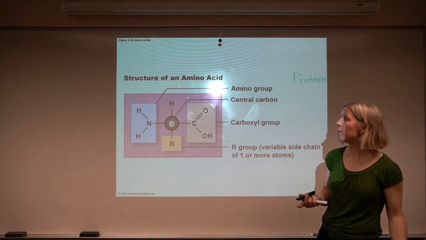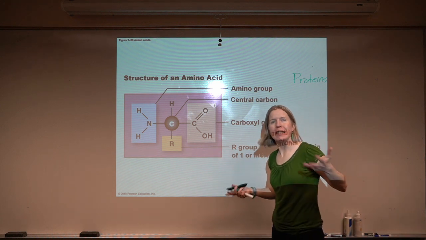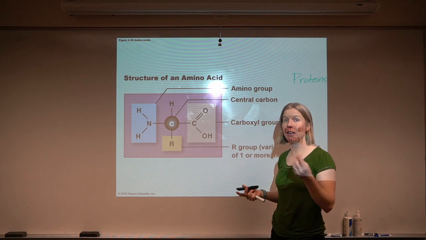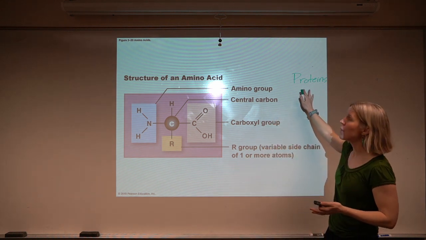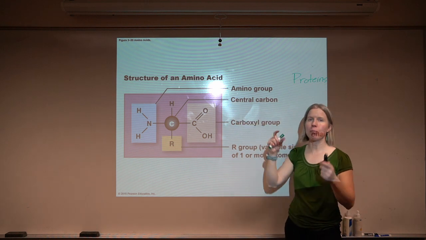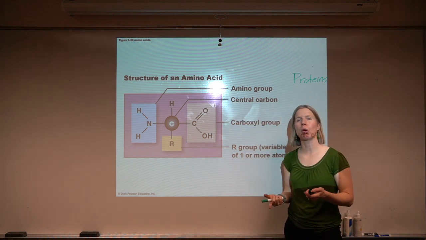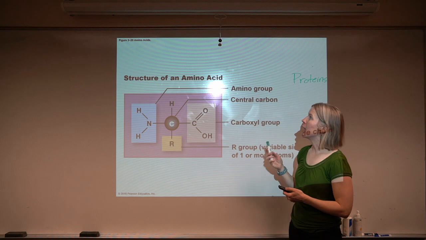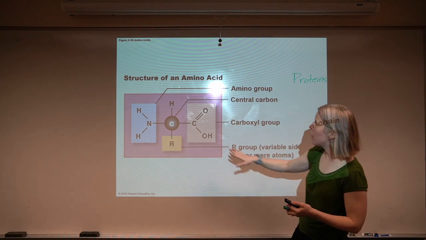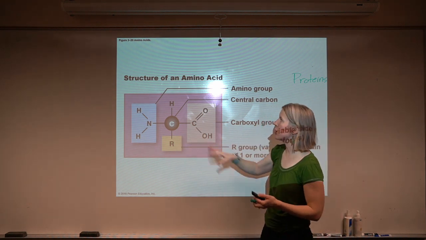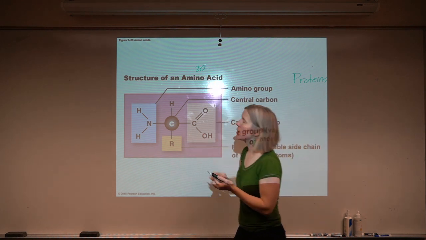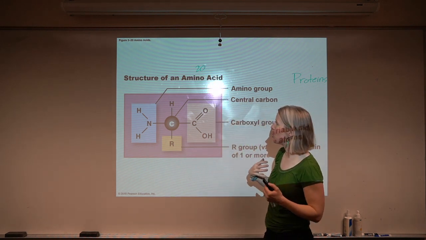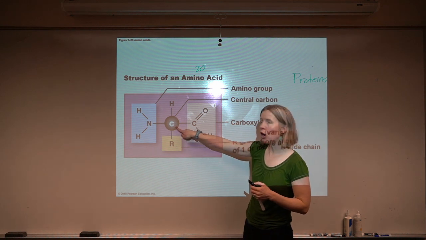And if you think about it, your DNA, the code that you're carrying around, is how to build all of these super important proteins. Anyway, proteins are made up, the monomer, the simplest form here, is going to be an amino acid. Okay, and so all amino acids have this same structure. There are 20 different amino acids that we use in the human body. They all have a central carbon.